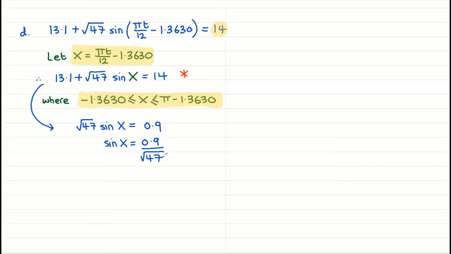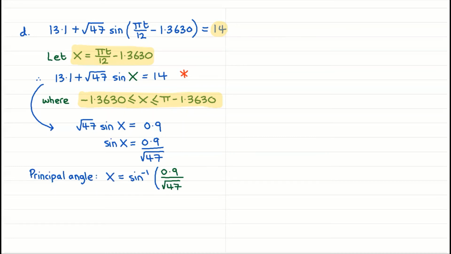So we can now find our principal angle. And we'll use a cast diagram again. So principal angle big X is going to be the inverse sine of what we've just discovered. So that'll be 0.9 over the square root of 47.